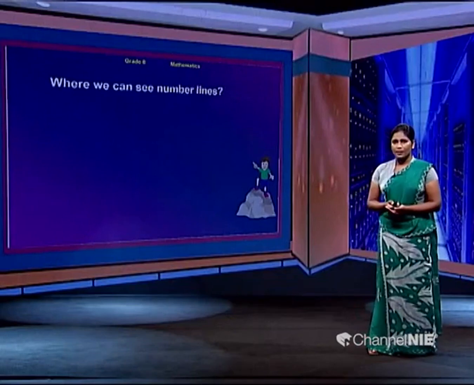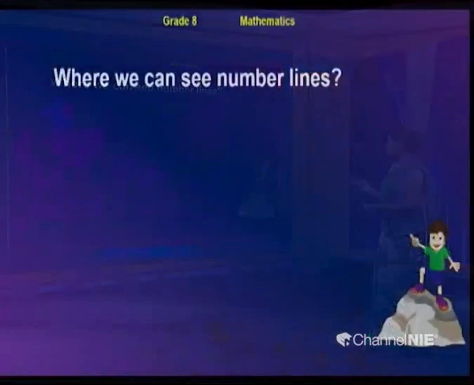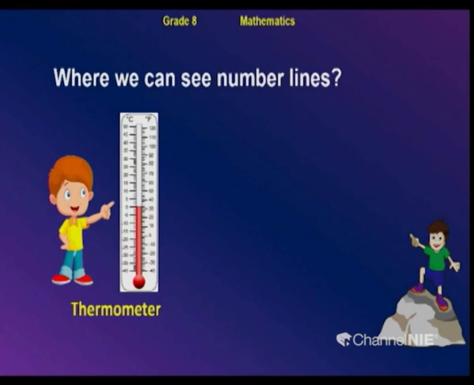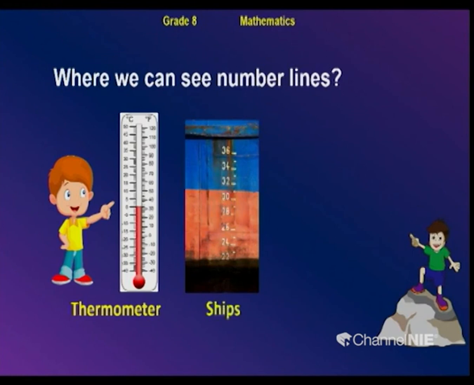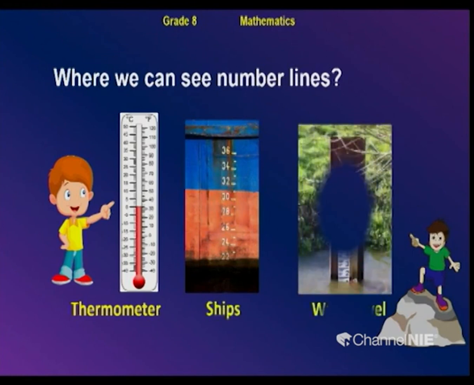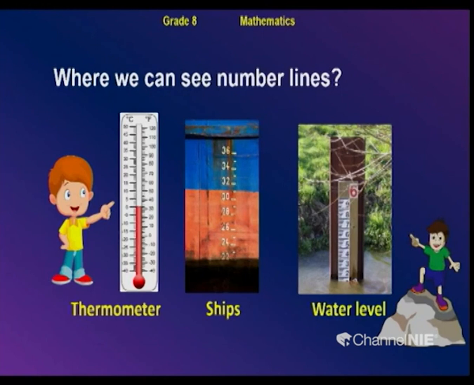Where can we see number lines? Look at that. There is a thermometer and a ship, then the water level. In day-to-day life, you can see number lines in these places.